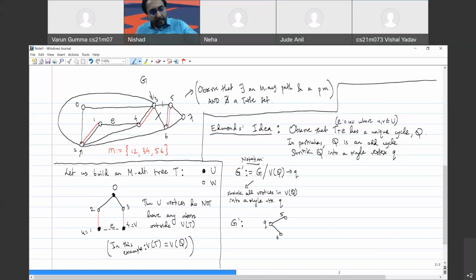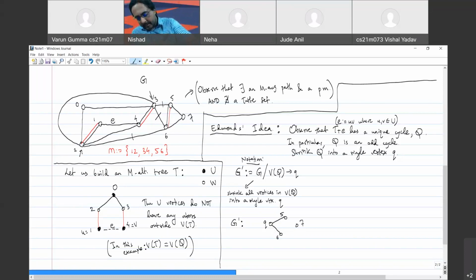There is also an edge from 2 to 6, which will basically become another edge from q to 6. But we don't care. We will delete this. We are looking at simple graphs, so we won't care about extra edges joining little q and some vertex in the complement. Okay. And we have a vertex 7.